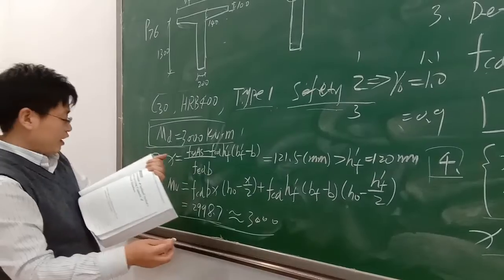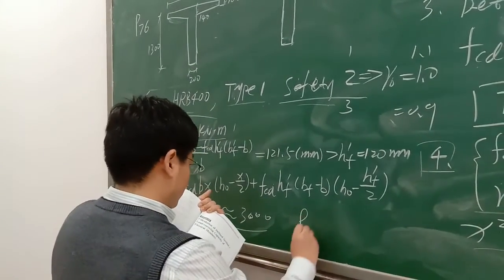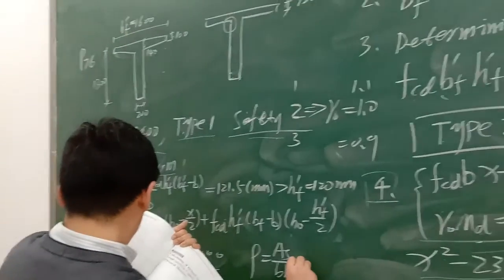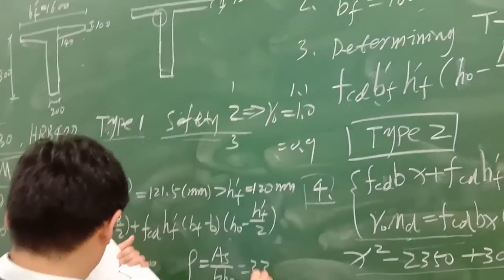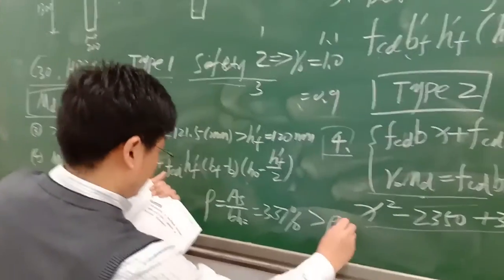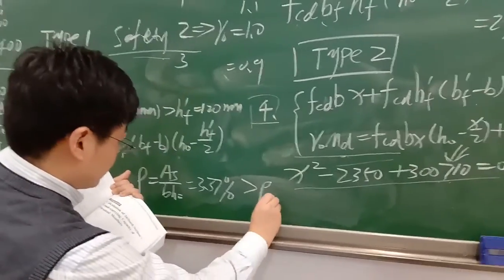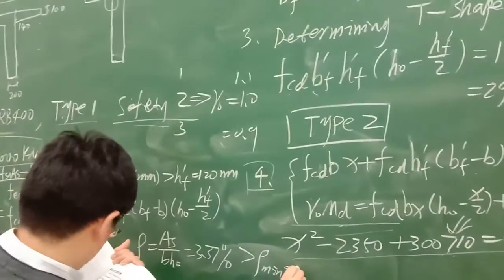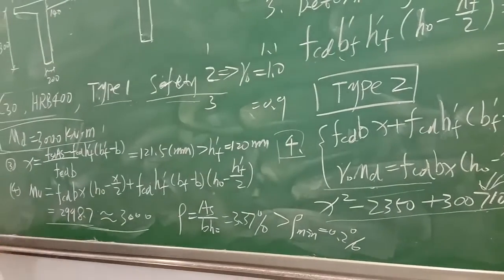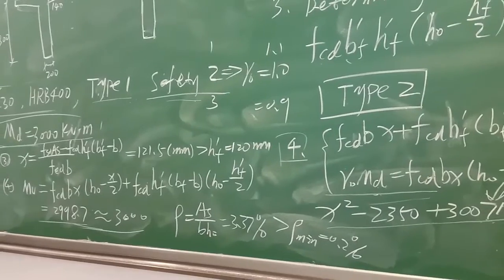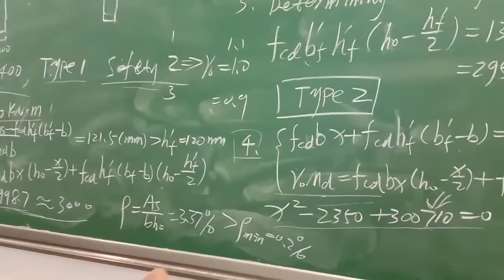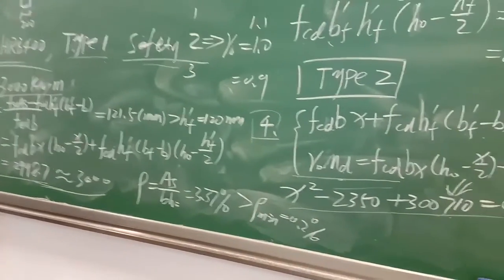We also need to check the reinforcement ratio. Rho is equal to AS over B H0, which is 3.37%. So we need to check it against the minimum reinforcement ratio, 0.2. Then your total design is finished. The reinforcement ratio must be greater than the minimum.